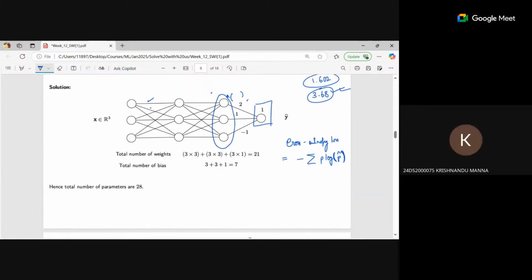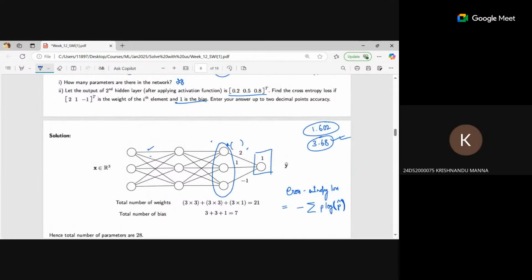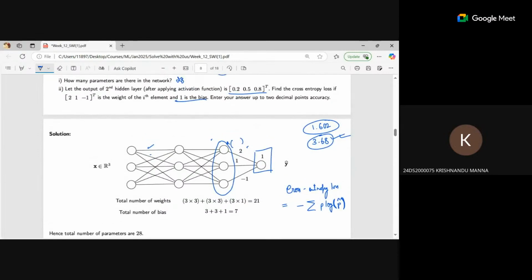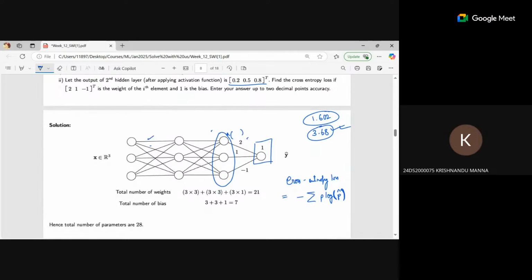I think we confused it with the categorical cross entropy, wherein we add all the p log p values. So we took p as 2 and then log p. The inner p we were inserting was 0.2.